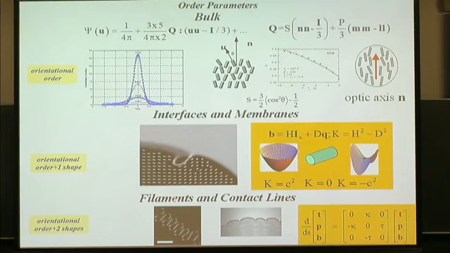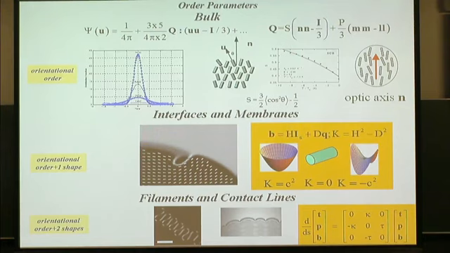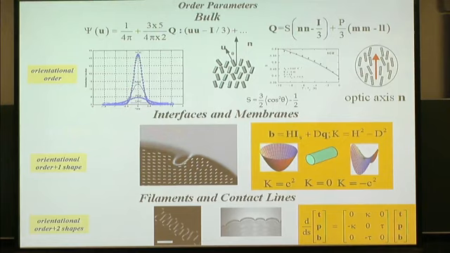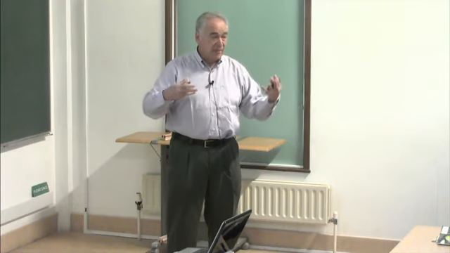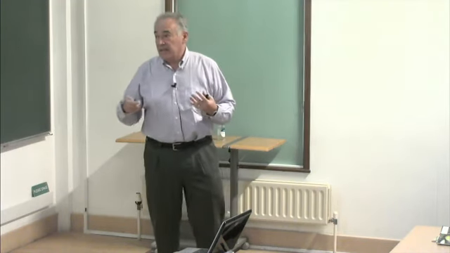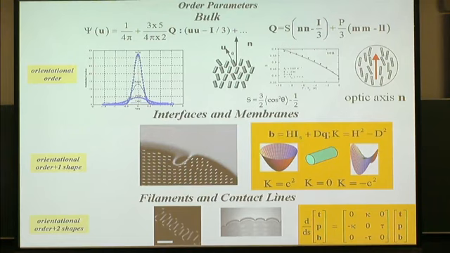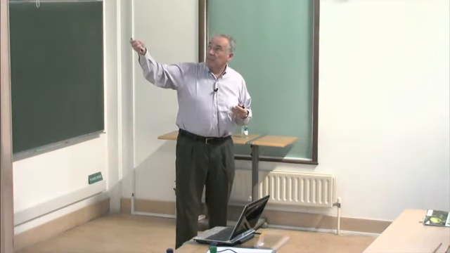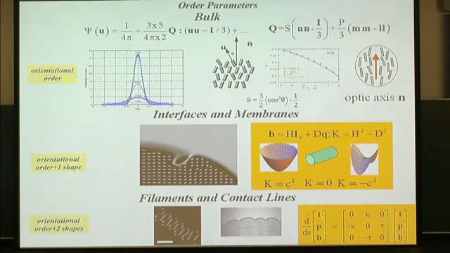If you have other things like filaments, disclination lines or defect lines, contact lines, in addition to the Q tensor, we also incorporate the Frenet-Serret equations associated with this filament. And again, these filaments and contact lines can be decorated by rods, for example, and then we can couple Q with a tangent to the contact line.